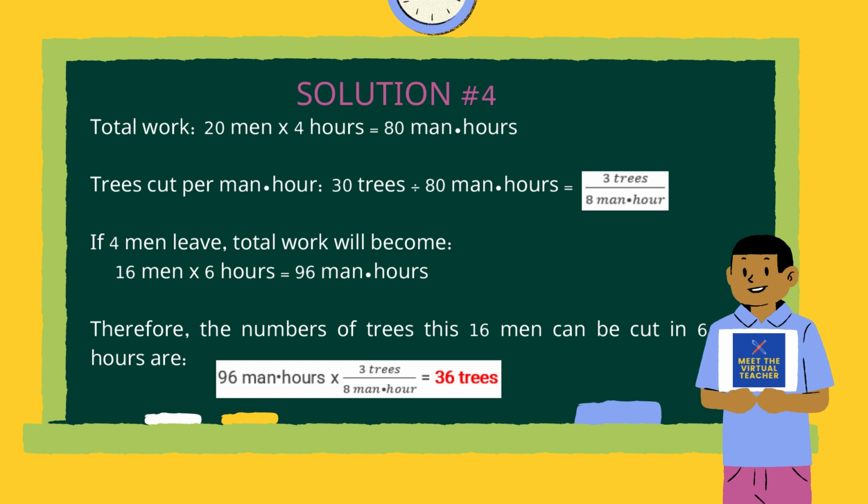Therefore, the number of trees these 16 men can cut in 6 hours, using the amount of work from the 16 men, which is 96 man hours, times the rate of every man, which is 3 trees over 8 man hours, is equal to 36 trees. Therefore, 36 trees can be cut by 16 men in 6 hours.